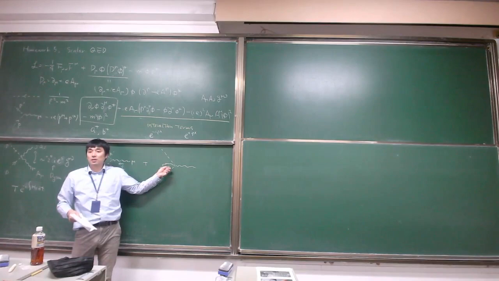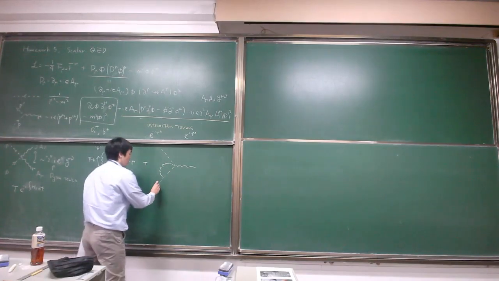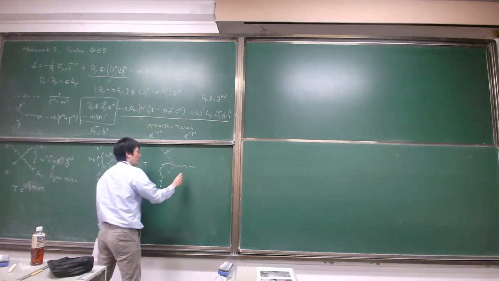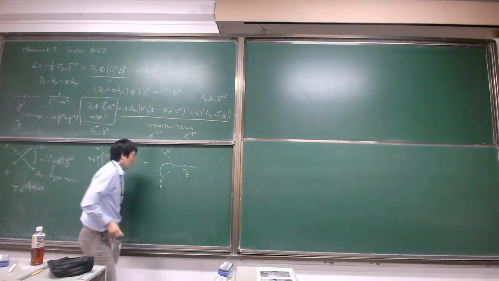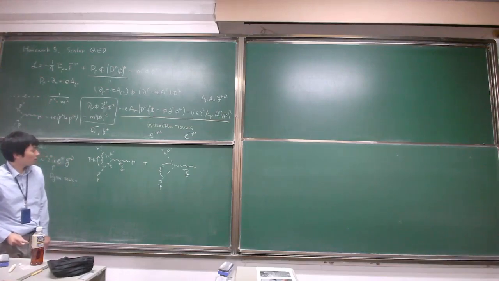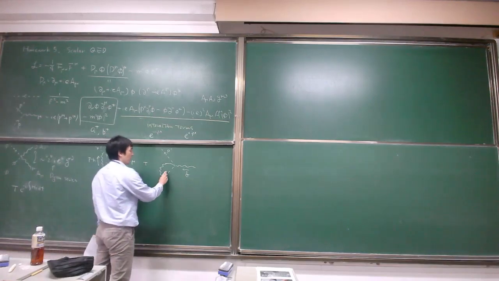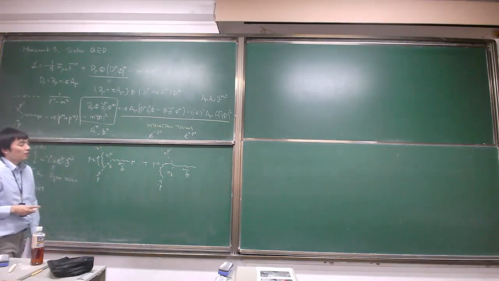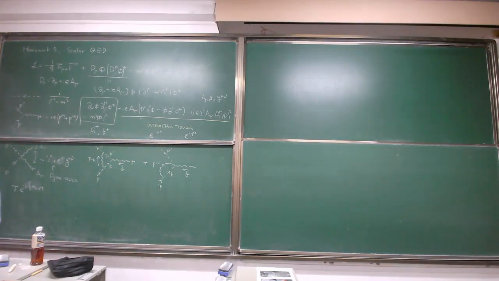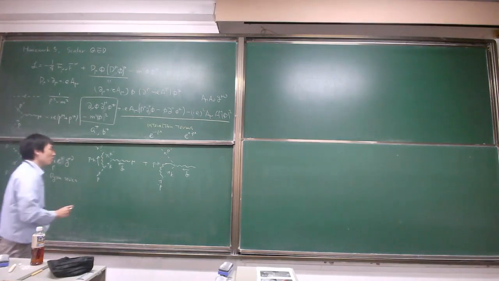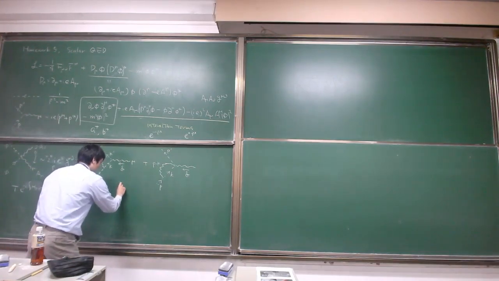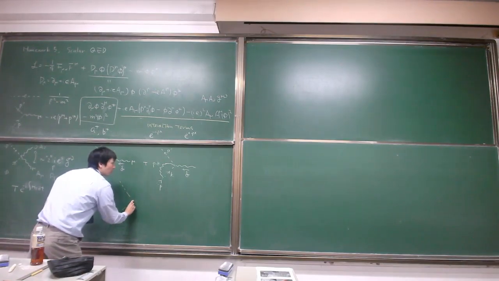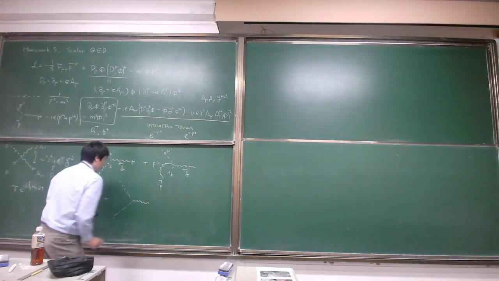Do you understand what I mean? So this is p and p prime and q, and then maybe k. I call it k, p minus k, something like this. And now you notice that there is one more diagram. This is a very important point of this problem. In fact, I wanted to point this out.